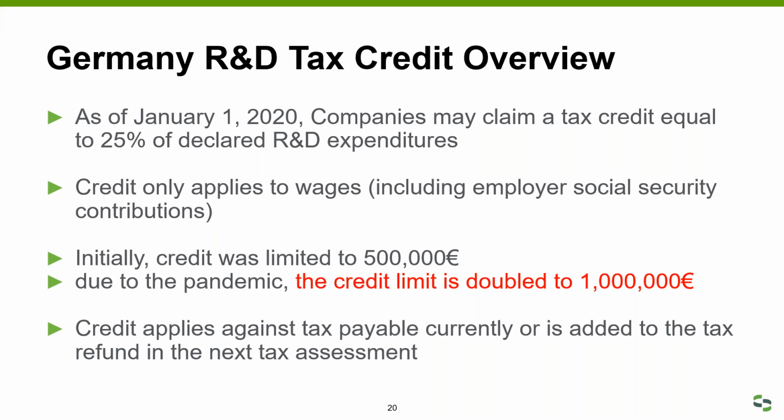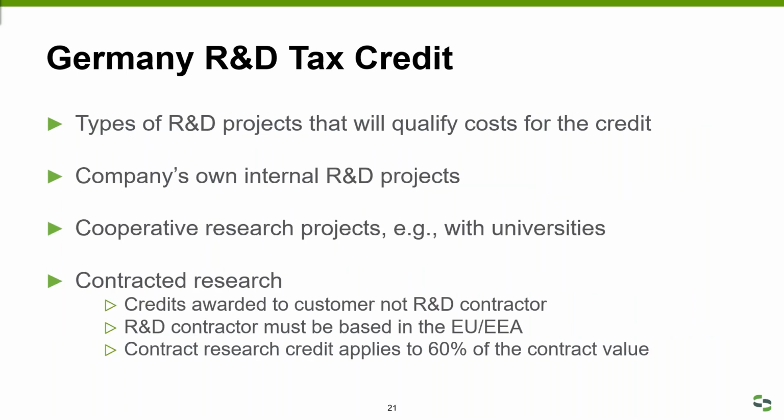Next slide. Next slide, please. So then the type of R&D projects that qualify: companies' own internal R&D projects, very similar to the United States. Cooperative research projects with universities qualify, not necessarily dissimilar to the United States.